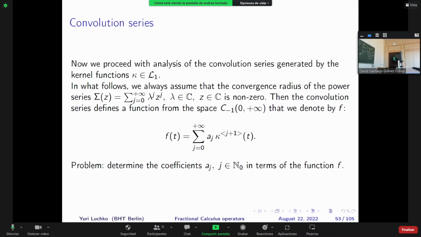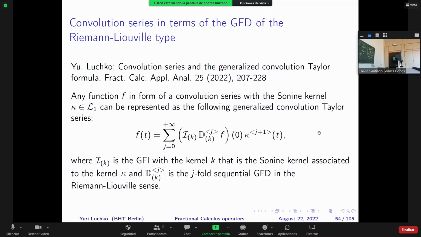Coefficients a_j. Well, in fact, we already answered this question more or less, because we already derived the Taylor formula, and if we let n go to infinity in the Taylor formula, then of course we get this Taylor series, and the answer to this question is more or less clear, but of course it should be justified, proved in explicit form.